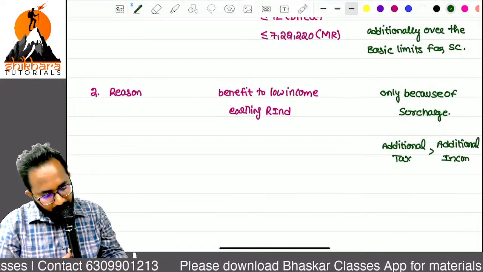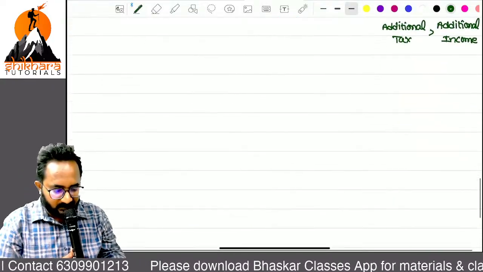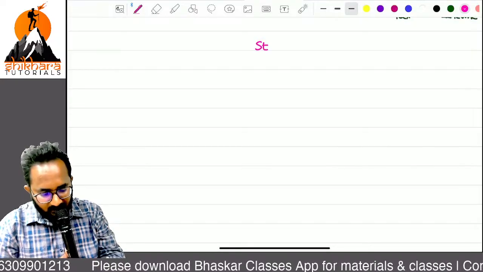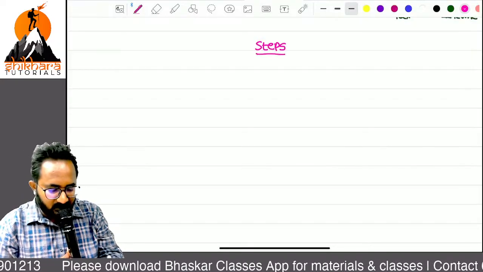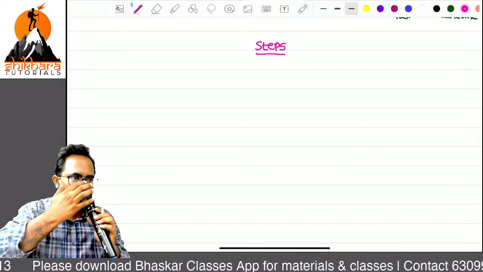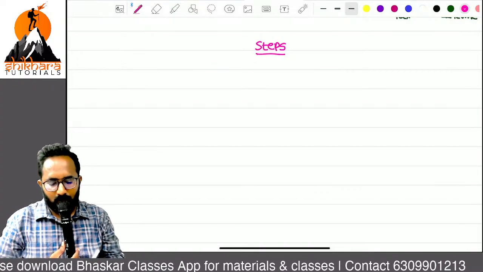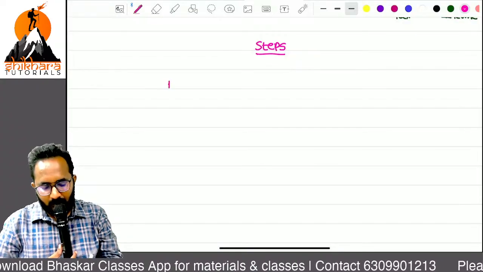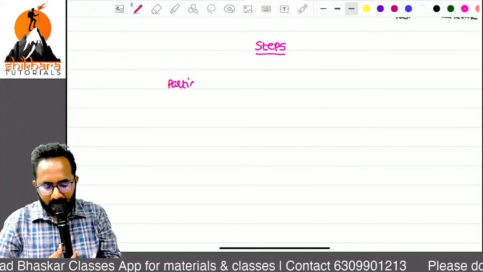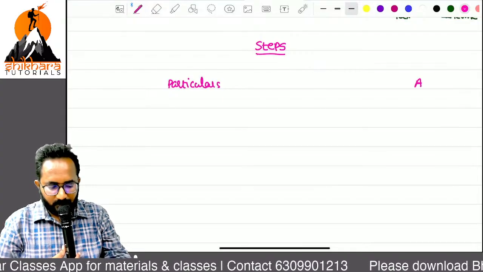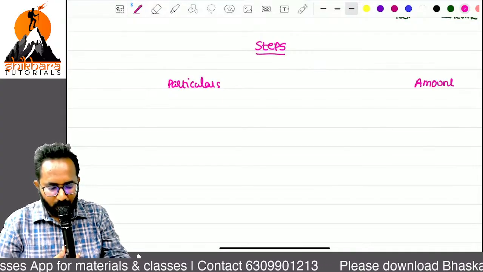What are the steps for computing the tax liability under the marginal relief concept? Shall we start? I want to write down the steps once, then we can proceed with the problems. First of all, always write the particulars and the amount also.